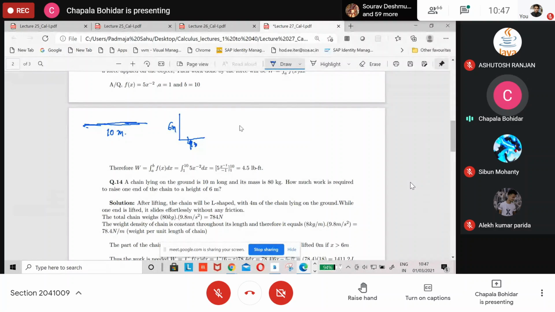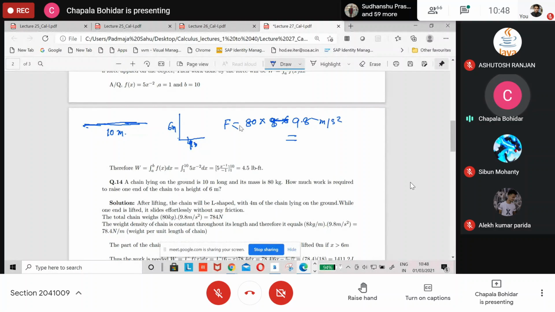Here, how much work is done to lift it to the height of 6 meters? Here, the force F is equal to mass times g. The mass is given as 80 into 9.8 meter per second square.